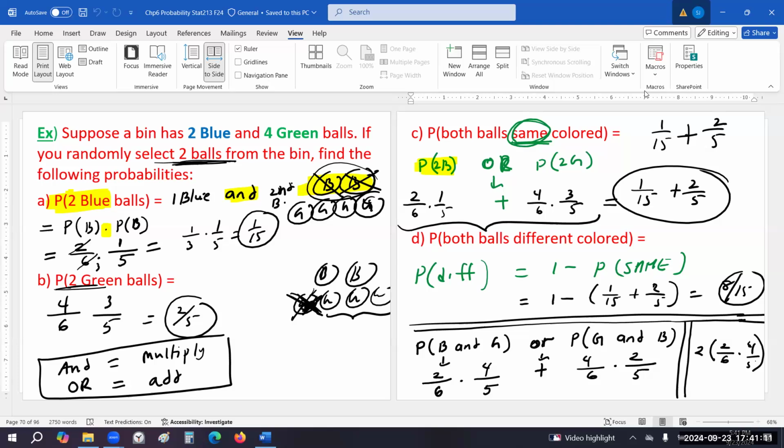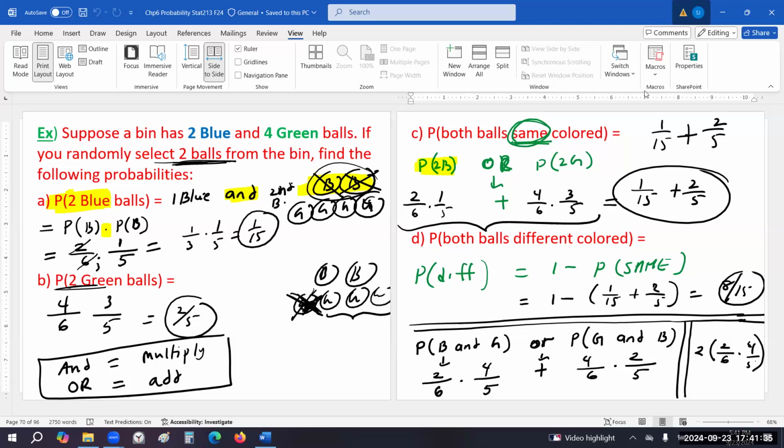The difference between this scenario and the other scenario, without replacement, is that we are picking something, but we are not replacing it back. So each time we pick something, we are reducing the size of our sample space. As a result, for every event we find the probability for, the denominator is reduced by 1 unit.